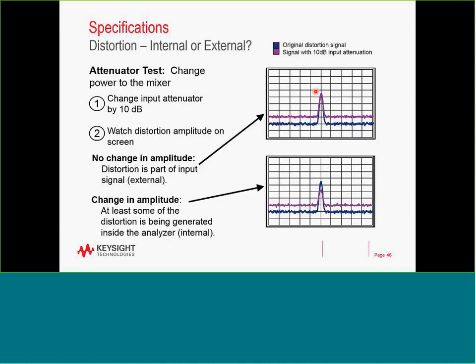How do I know if what I'm seeing on screen is actual distortion or if it's a distortion created by the analyzer? As an example here, I have my two signals, and the trick is called the attenuator test. It is to increase the attenuation. What will happen?